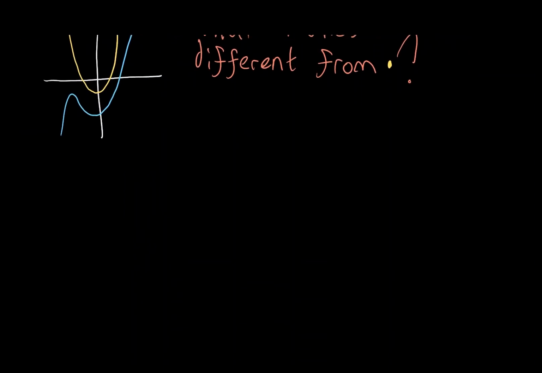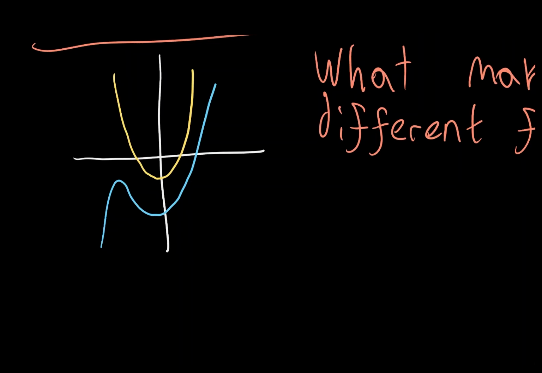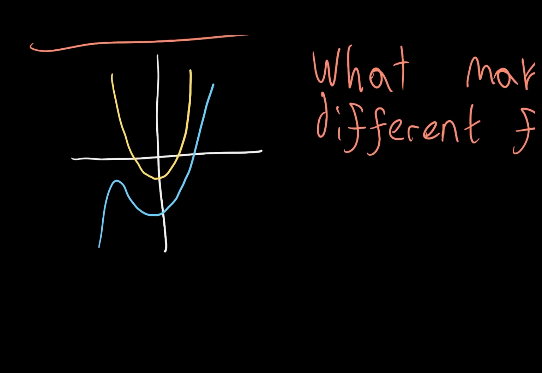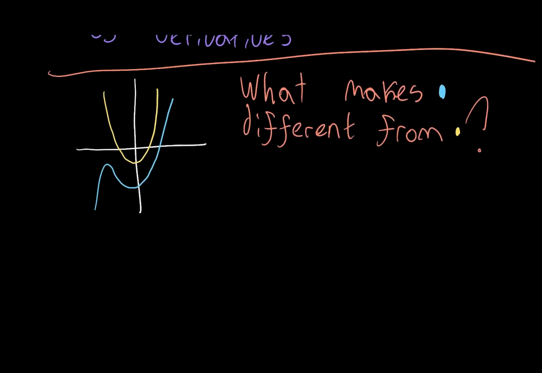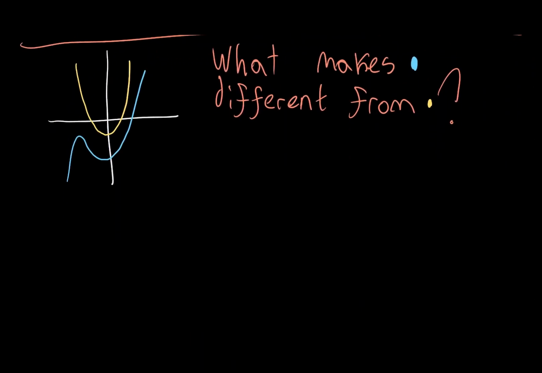So if you were to take the derivative of these, you would evidently see that they have different derivative values. And if you take the derivative of that again, it would be different. So the answer to our question is slope and rate of change.